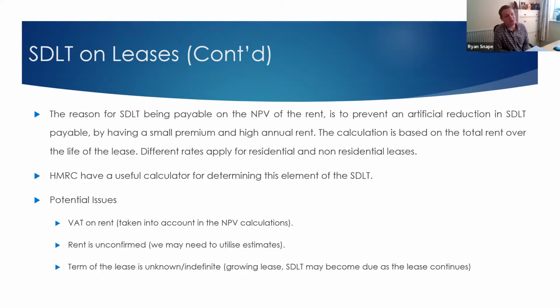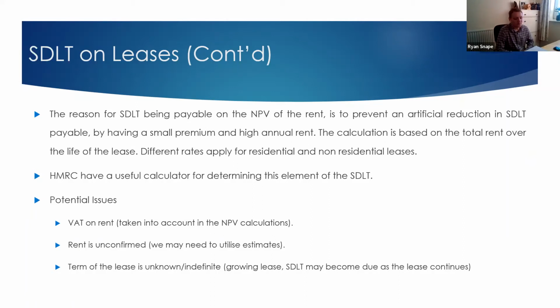So issues can arise where either the rent is not confirmed or we don't have a confirmed period of the lease. Where the rent's unconfirmed, we often have to revert to using estimates of what the rent might be in order to calculate the SDLT. But where the term of the lease is unknown, it's a bit more of an administrative issue.